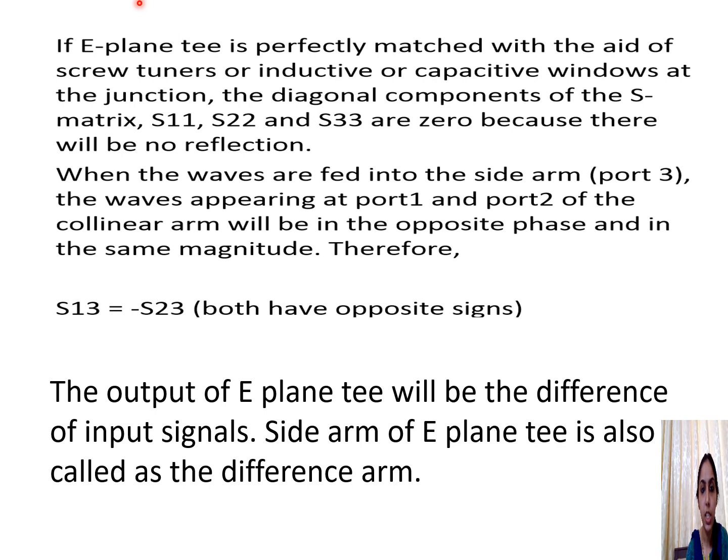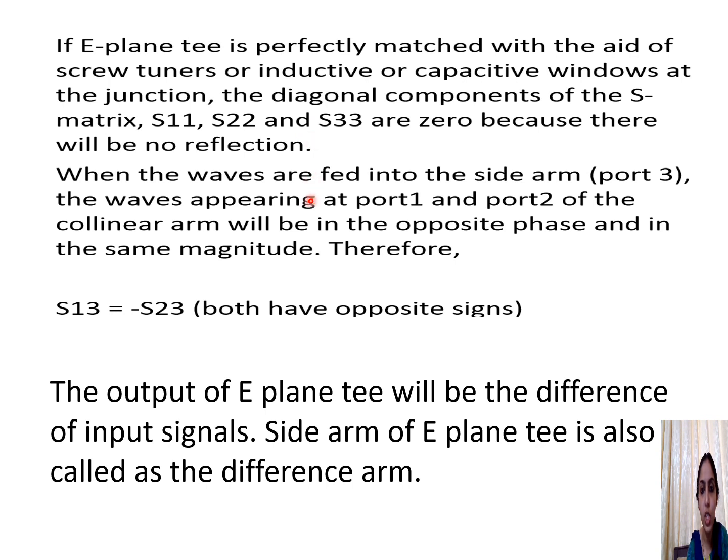Now, from the construction of the E-plane T, we have seen that if we place a third port symmetrical with respect to the two collinear ports, and there is matched impedance, there will be no reflection. So the diagonal components of the S matrix, S11, S22 and S33, will be 0 because there is no reflection. That is the first point written here.